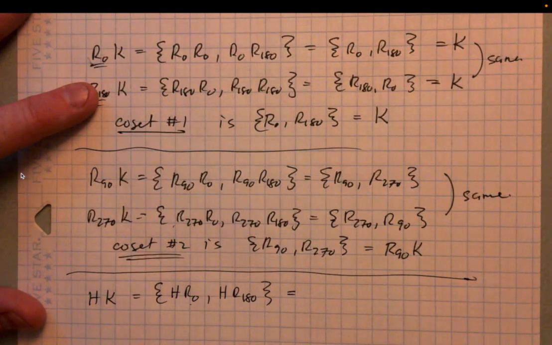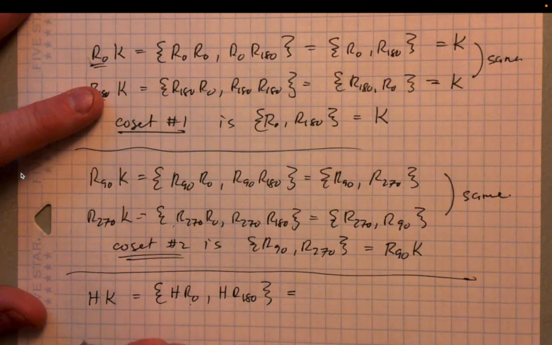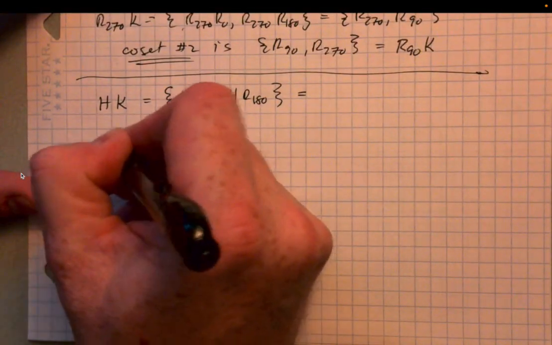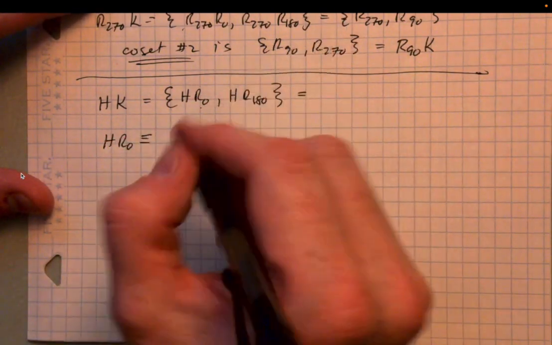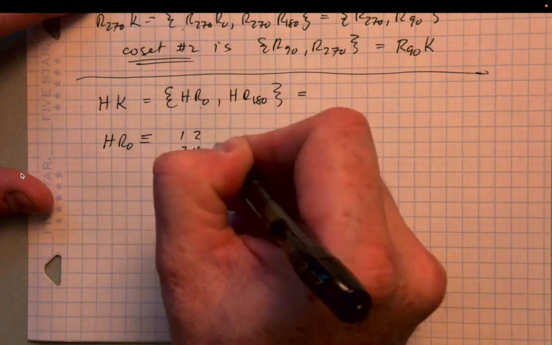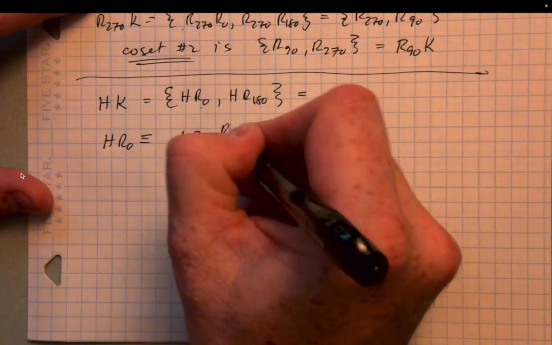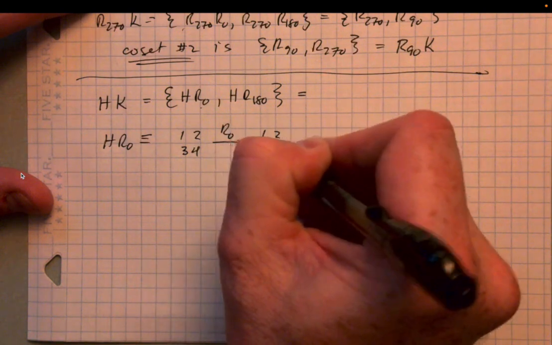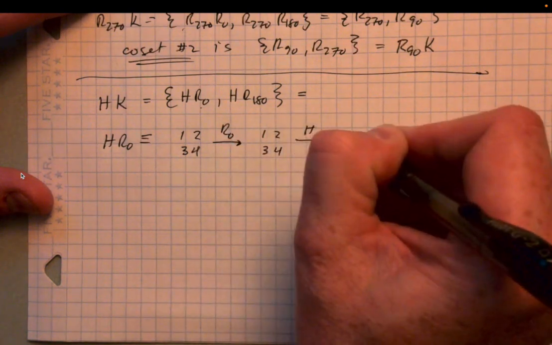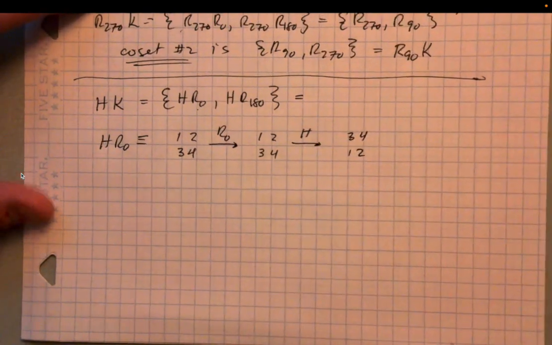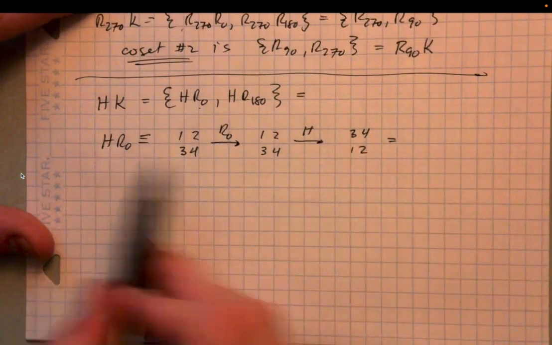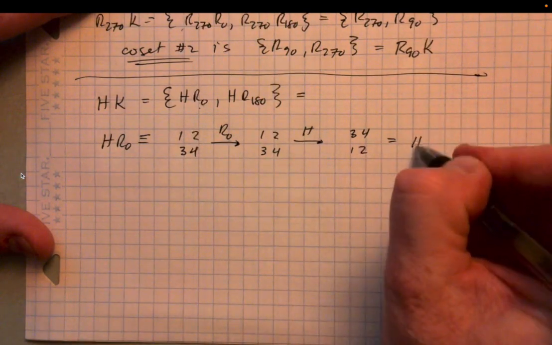I'm going to do the derivation using the actual symmetries. First, HR0. If I start with 1, 2, 3, 4 and do an R0 on that, I get 1, 2, 3, 4 unchanged. And if I do a horizontal flip on that, I get 3, 4, 1, 2. That's really just H, isn't it?